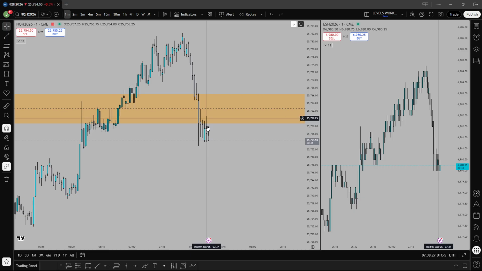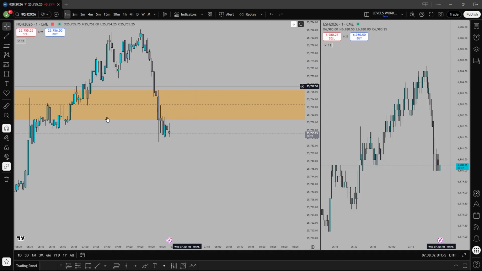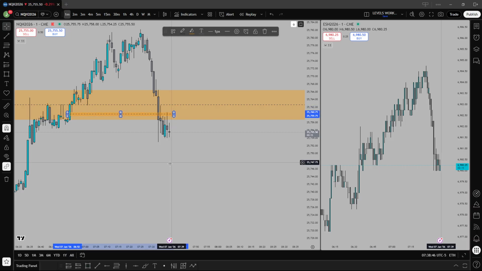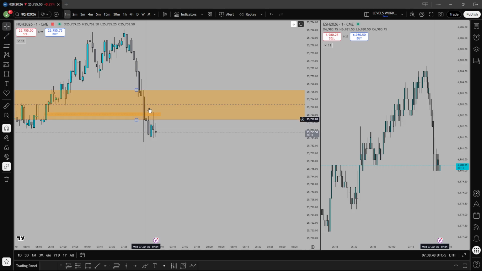I like how we are rejecting off of that 1 hour inverted fair value gap. I also like how we went into an inefficiency from the buy side of the curve, and we tried to go above this level, and we tapped it and rejected pretty nicely.